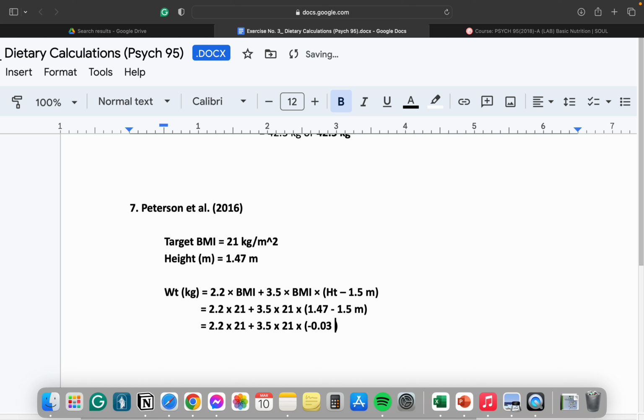So 2.2 times 21, we have 46.2. Okay, 46.2 plus 3.5 times 21, we have 73.5.